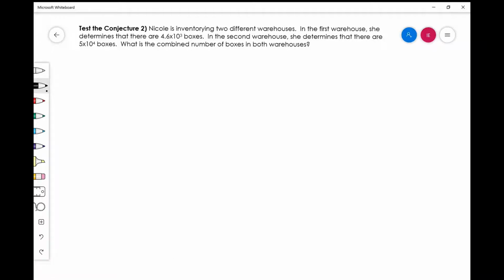I know that in our first warehouse, we have 4.6 times 10 to the 3rd boxes. And in my second warehouse, we have 5 times 10 to the 4th boxes. The question is asking us to find the combined number of boxes in both warehouses, which means we need to add them to find the total combined number of boxes.